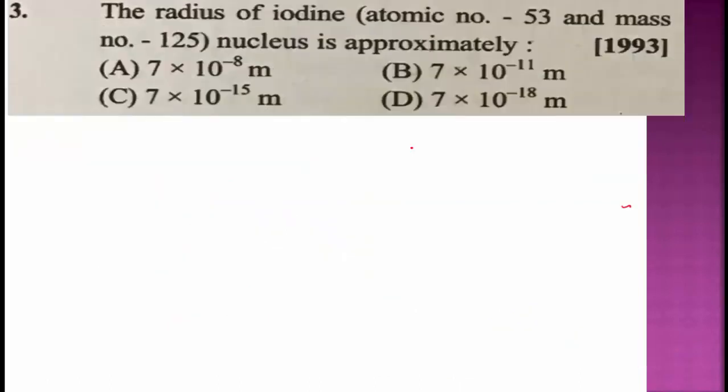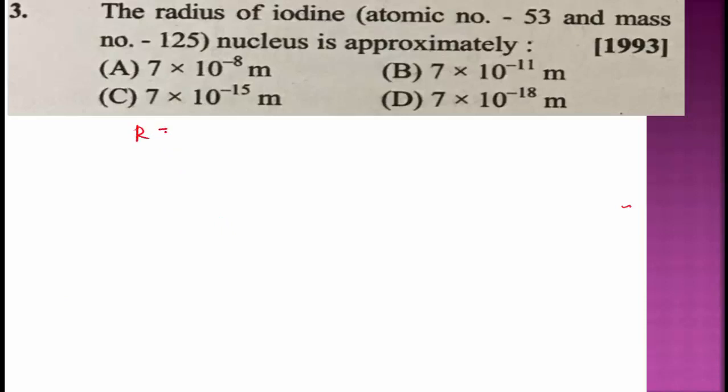And the third problem is on the radius of iodine. The radius of the nucleus of iodine, with atomic number 53 and mass number 125, is approximately what?